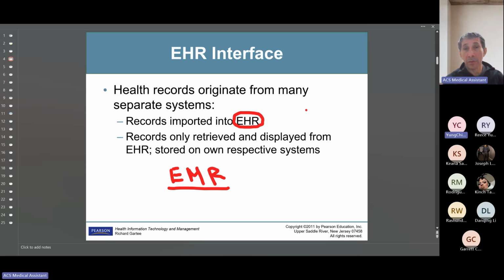So whenever you see a question that says you need to send a file to another department outside of your hospital, what system are you using? Electronic health records, because it's going outside. So that's how you are going to answer the questions.